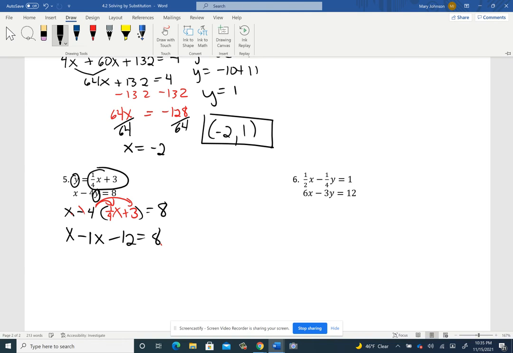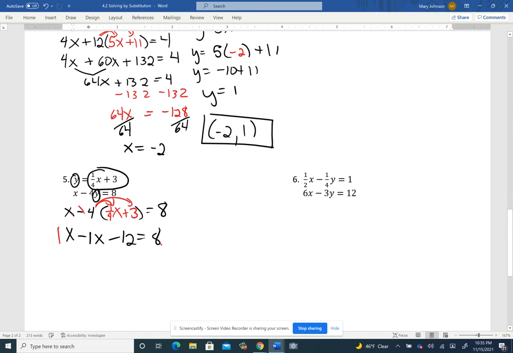This was an understood 1, x minus 1x, so that's 0. Get negative 12 equals 8. Okay, so the variable disappeared. That's telling me, special case. The remaining statement is false, so I know this is the case where I have no solution.